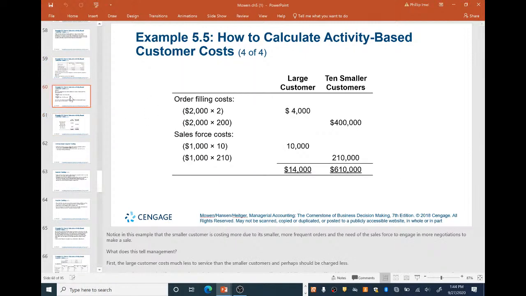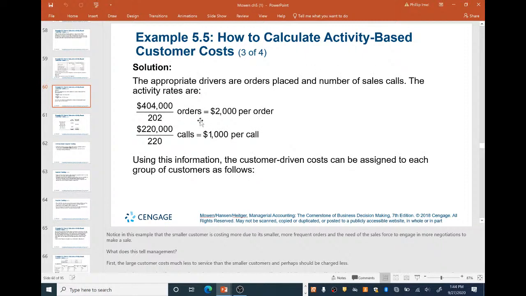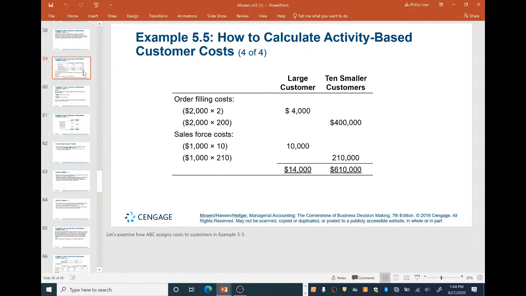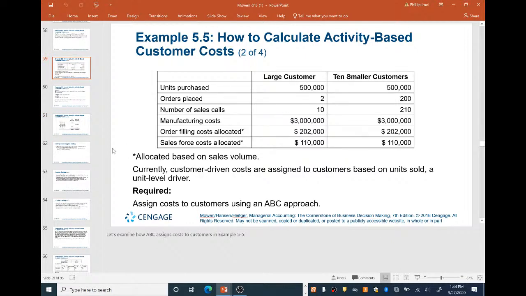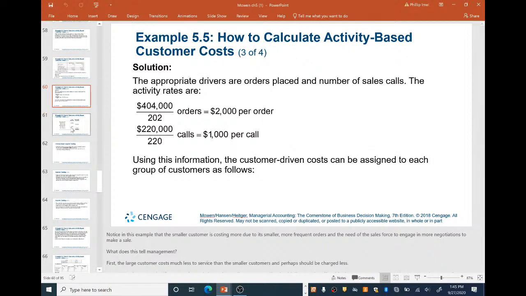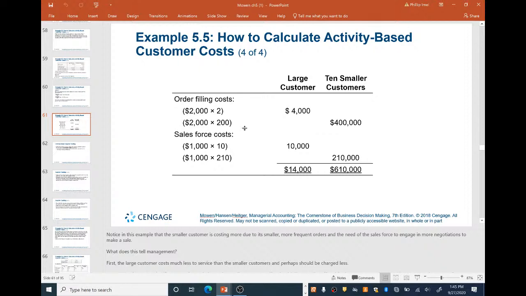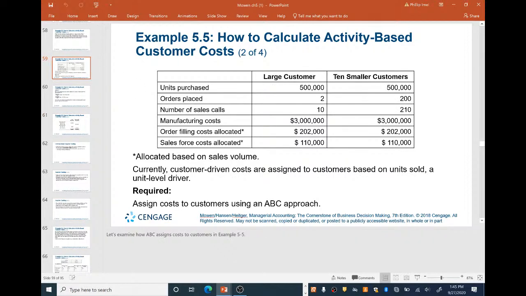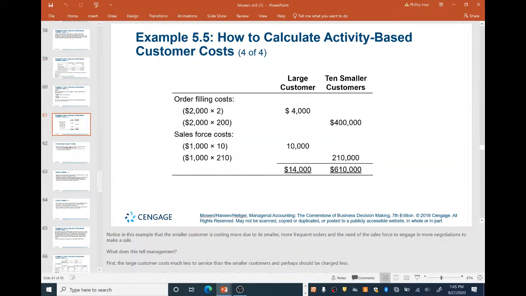The $2,000 per order times 2 orders from the large customer is $4,000. Then 2,000 times the 200 for the 10 smaller customers, because remember, the 10 smaller customers had 200 orders placed. Okay, that's $400,000.